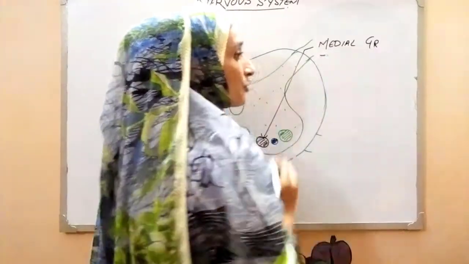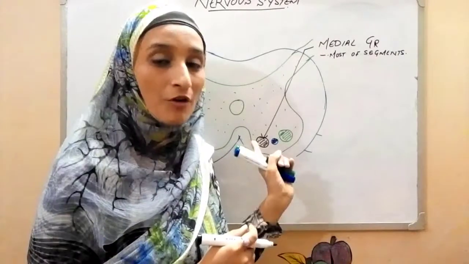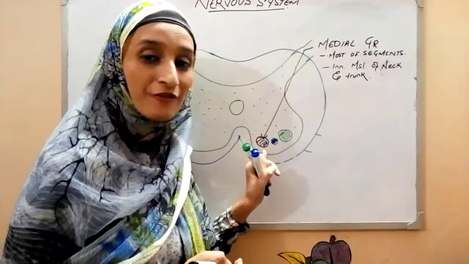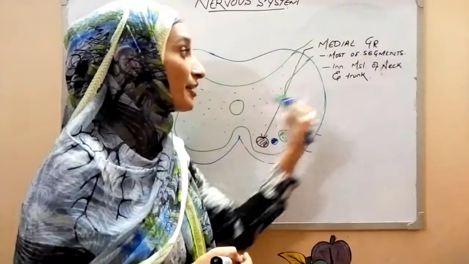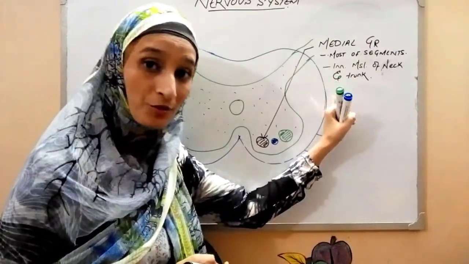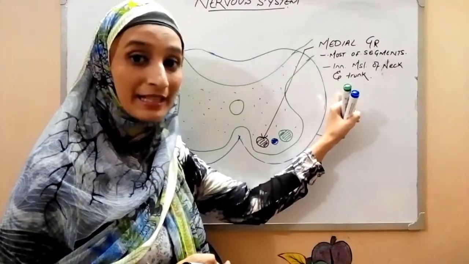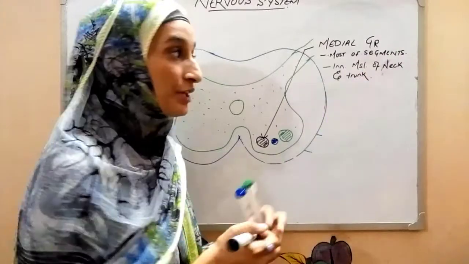Now this medial group is present in most of the segments of the spinal cord, because the axons arising from the nerve cell bodies in the medial group innervate the muscles of the neck and trunk, and they are also involved in innervating the intercostal and the abdominal musculature.